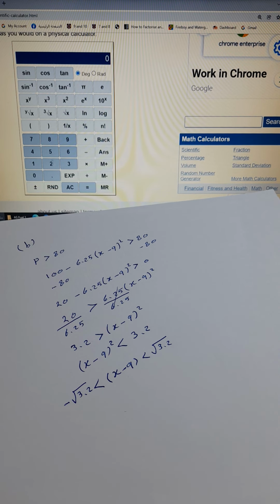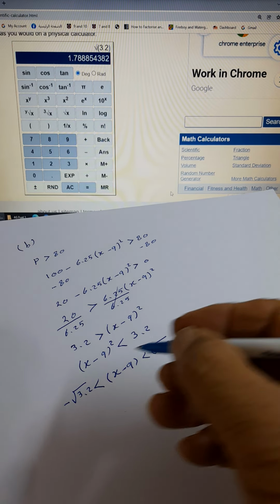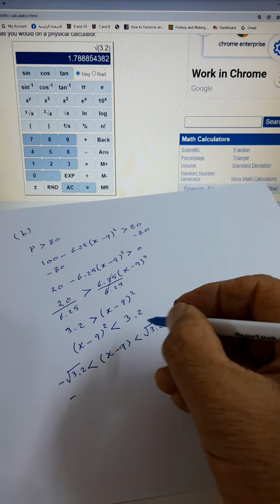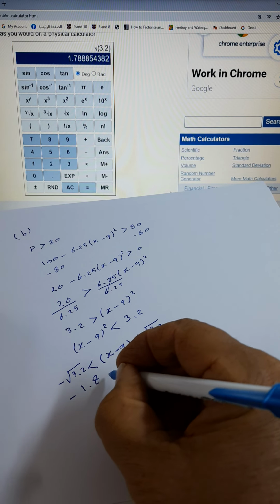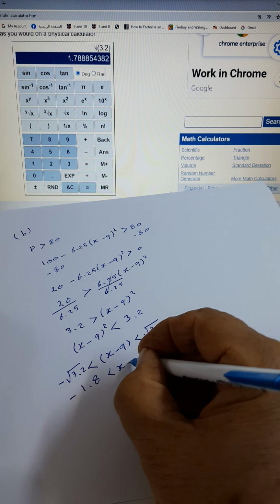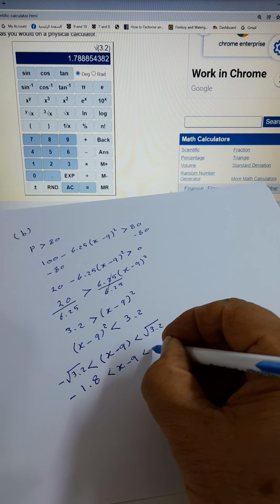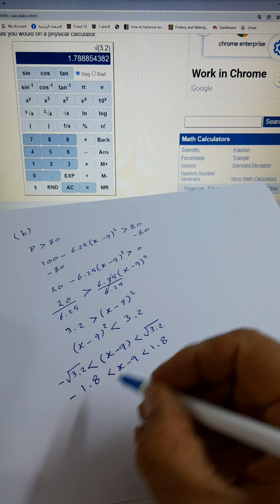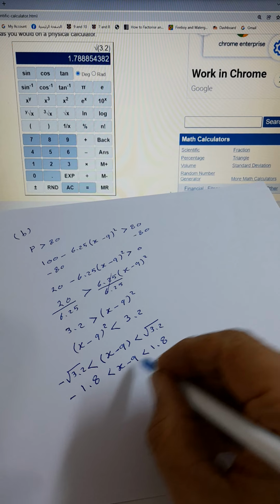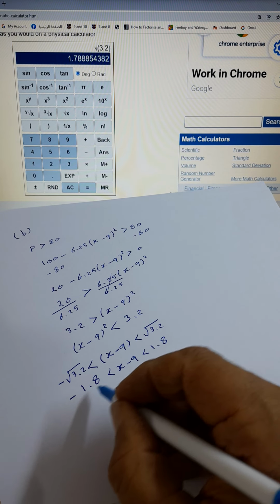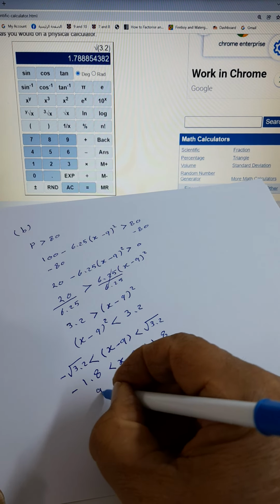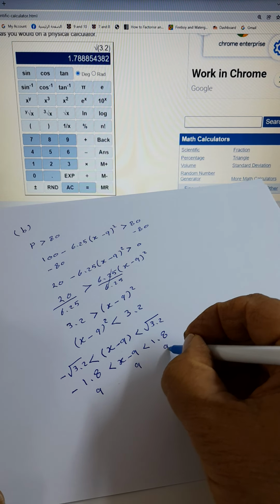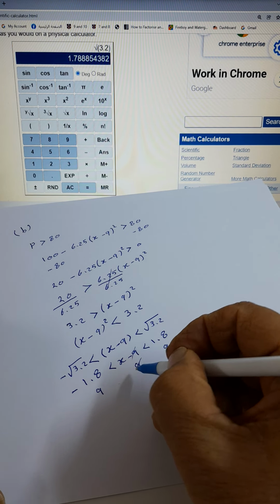Taking the root of 3.2, it is about 1.8. So negative 1.8 is less than x minus 9, less than 1.8. Now add 9 to the inequality. 9 here, and 9, and 9. This cancels out with this.